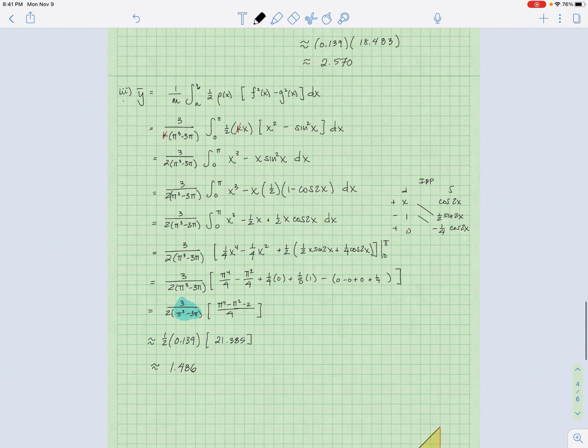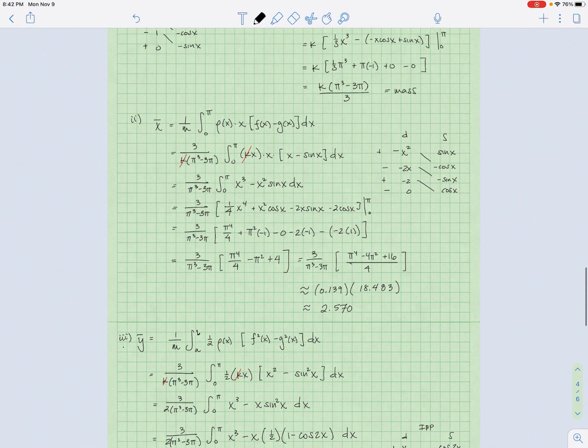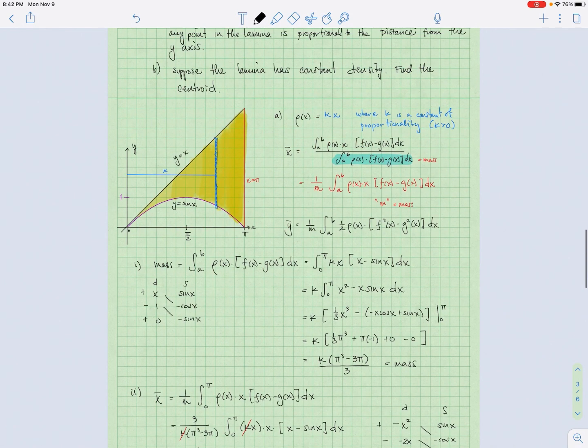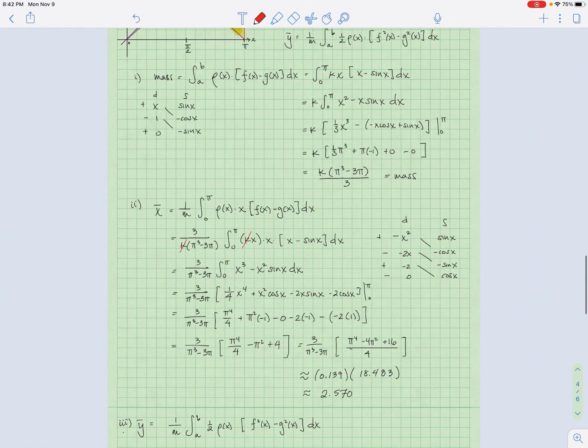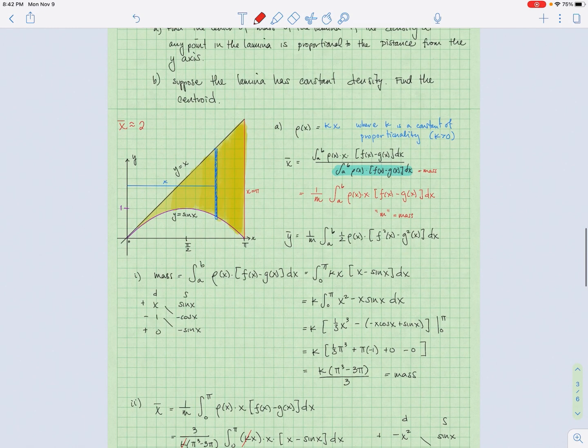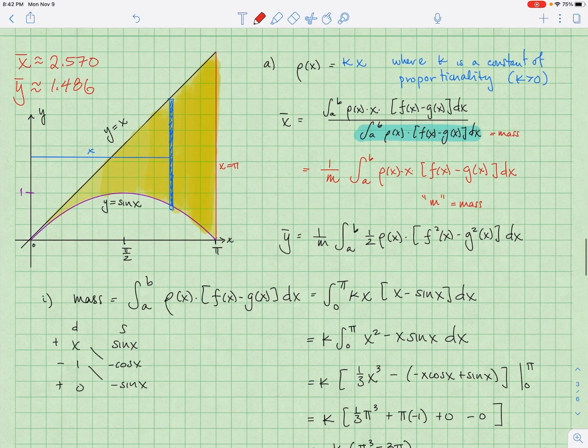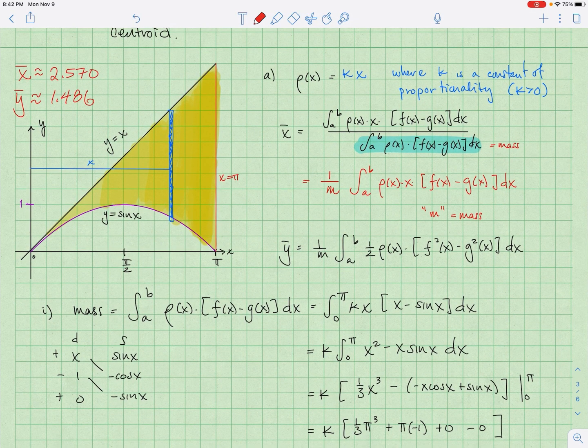So, in the grand scheme of things, we have y bar and x bar. So let's go back up to our illustration. Let's do this in red so we know that it's after the fact. X bar was about, what was that? 2.57. Y bar was about 1.486. So, looking at our diagram here, pi is about 3.14.